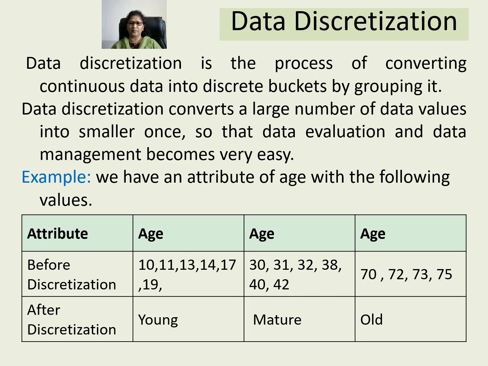These values from 30 to 42 will lie in one bucket, and we'll call it mature age. And age ranging from 70 onwards, we can name them as older people or elderly people. So in data discretization, we combine the values together and name them with one common title, given to one bucket.